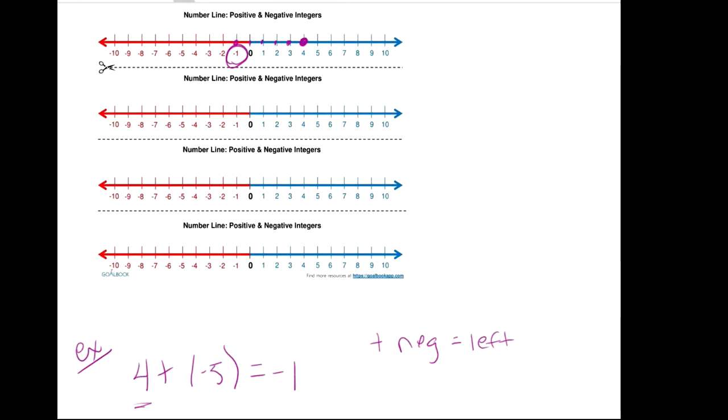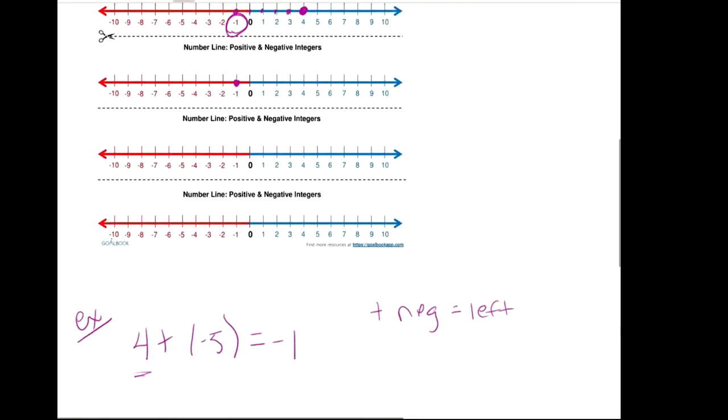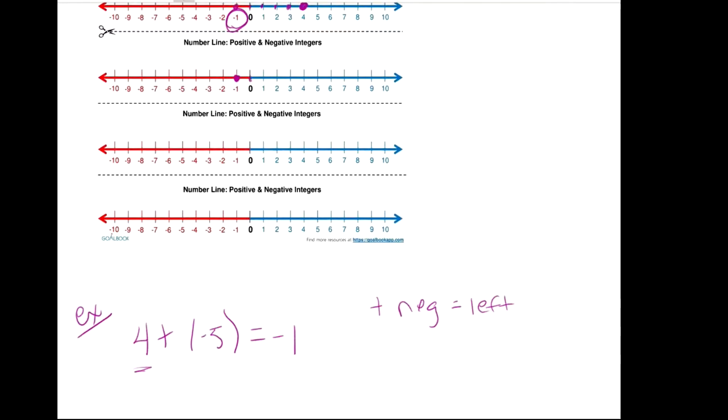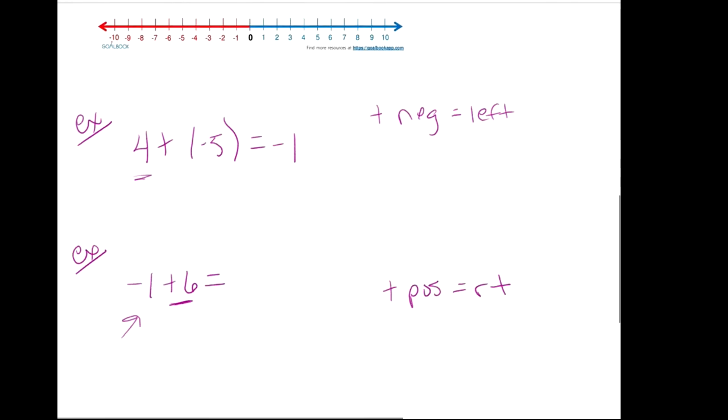Find negative 1 on your number line. And I'm going to add 6. 1, 2, 3, 4, 5, 6, bringing me to 5. So negative 1 plus 6 is 5.